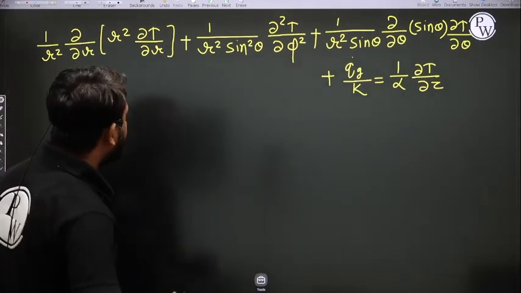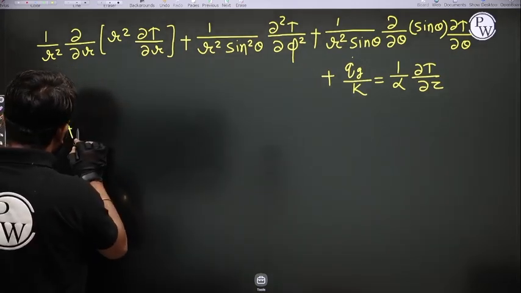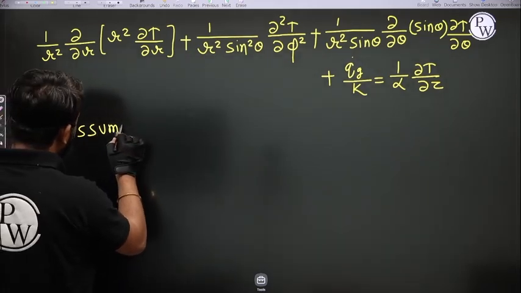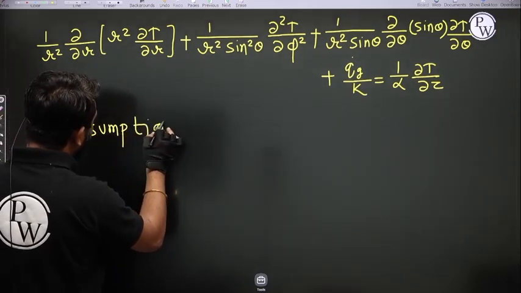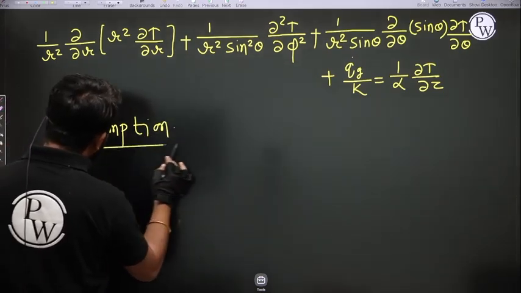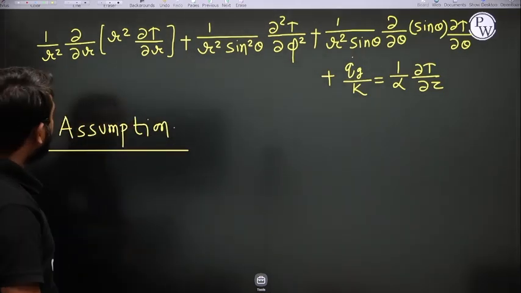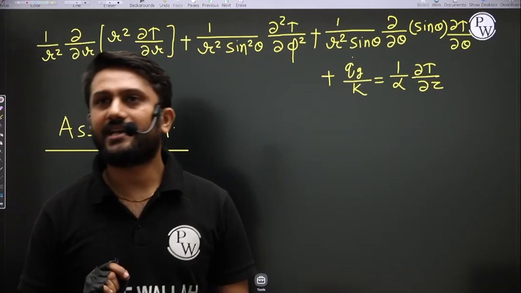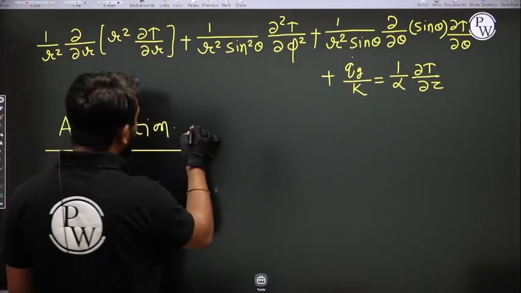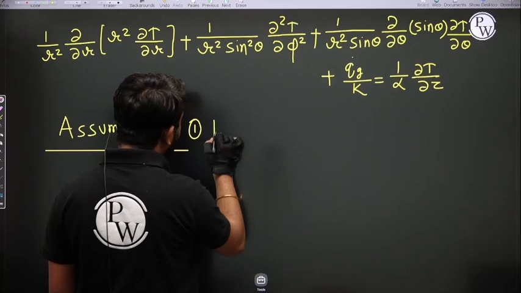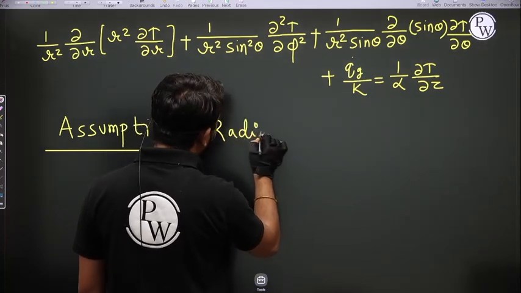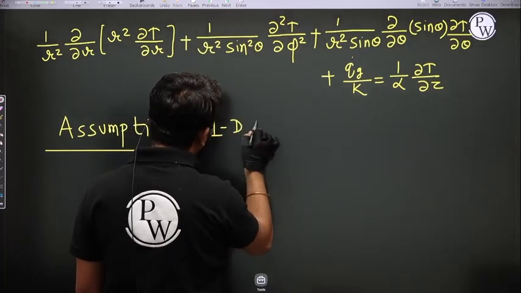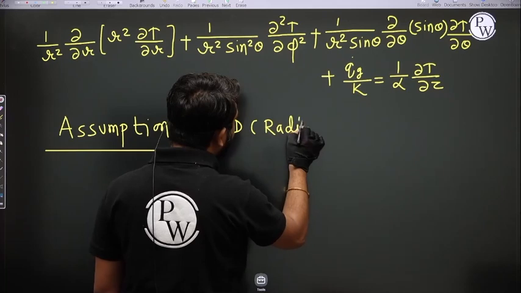Now see, I am taking certain assumptions. I want to reduce this general heat conduction equation to a simple form, and for that assumptions are required. The first assumption is the material is homogeneous and isotropic. The second assumption is one dimensional, and the direction is radial.